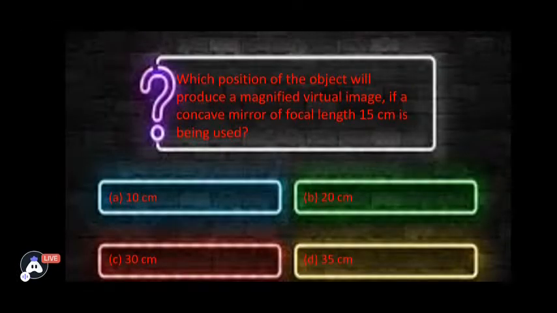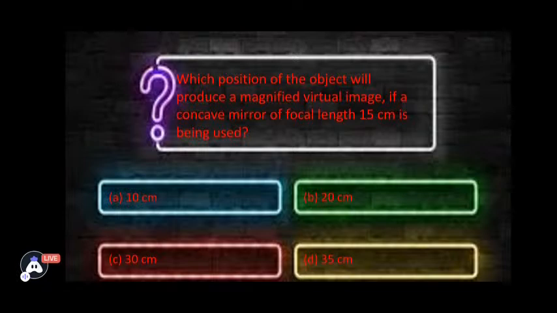Think about the next question on your screen and let me know the answer. Hurry up. The question says, which position of the object will produce a magnified virtual image if a concave mirror of focal length 15 centimeter is being used?